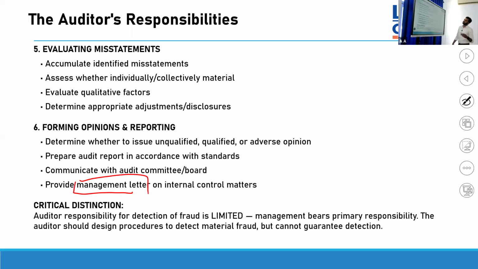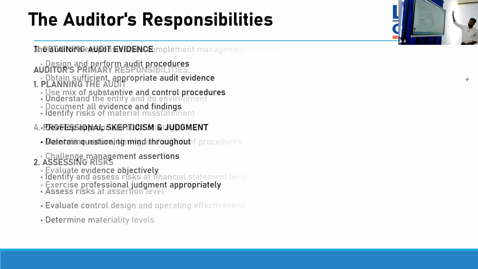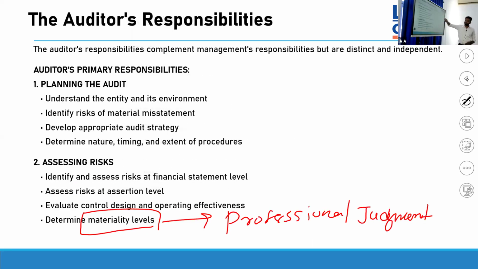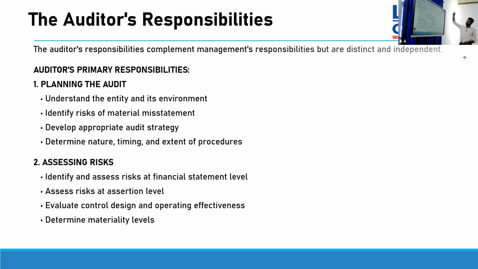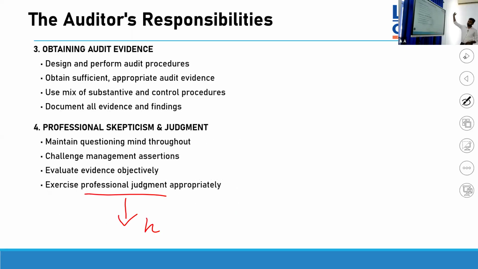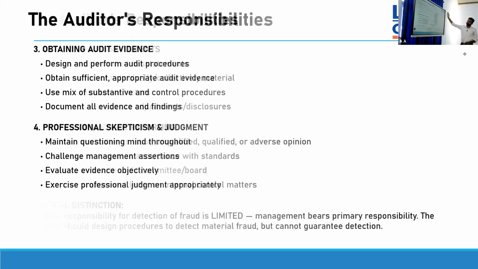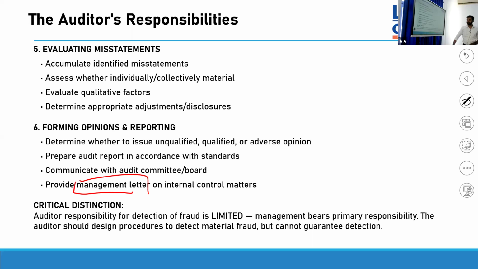So these 6 things, starting from planning an audit to forming opinions, these are the responsibility of the auditors, right? What are they? It starts from planning the audit, assessing the risk, obtaining audit evidence, applying professional skepticism and judgment, evaluating misstatements, and forming opinions.